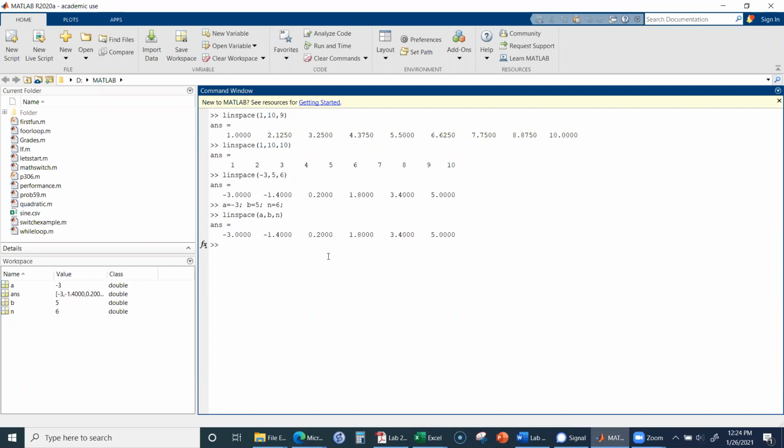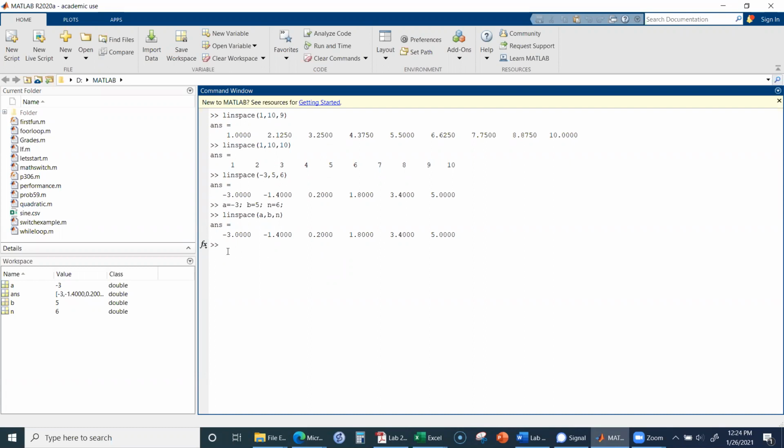The colon operator is useful when we want to have control on the interval between them. For a column space, we can use this command.